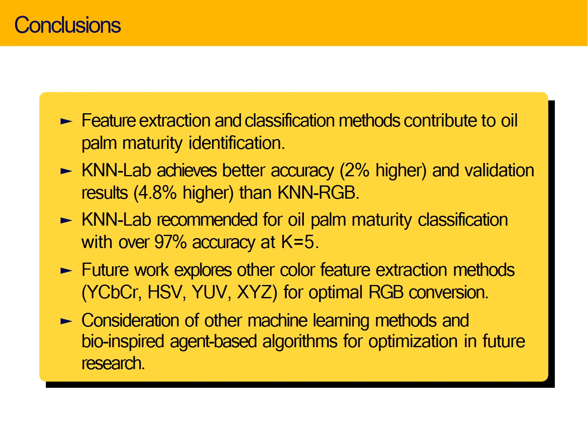So KNN LAB is recommended for oil palm maturity classification with over 97% accuracy at K is 5, and future work will explore other color feature extraction methods like YCbCr, HSV, YUV, XYZ for optimal RGB conversions, consideration of other machine learning methods, and bio-inspired agent-based algorithms for optimization in future research.